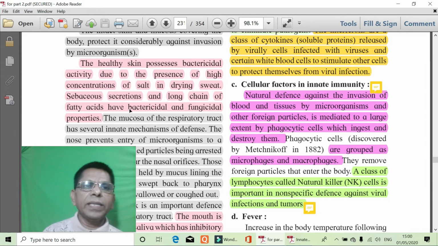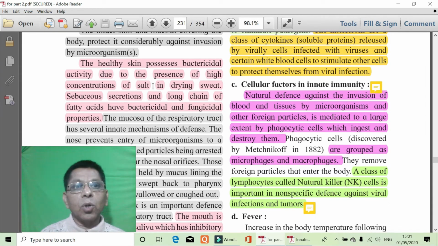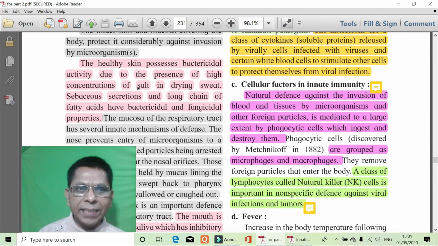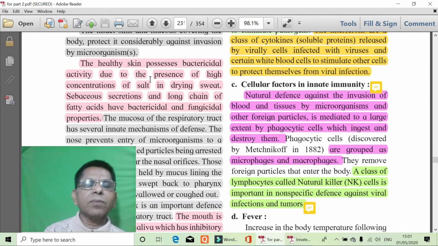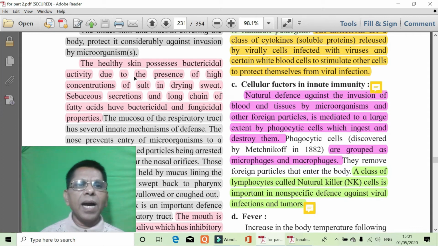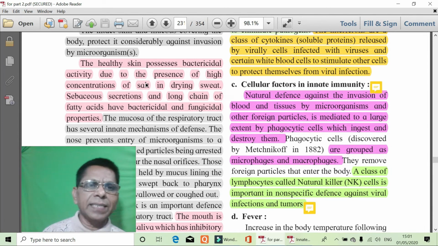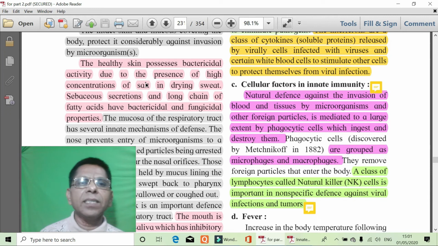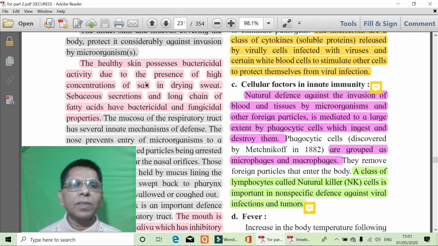So in this para, the role of sweat and sebum has been explained. As you know, sweat is the product of the sweat glands, also called sudoriferous glands, and sebum is the product of the sebaceous glands. Both of these glands are found in the dermis, but they open to the surface of the skin, that is the epidermis.